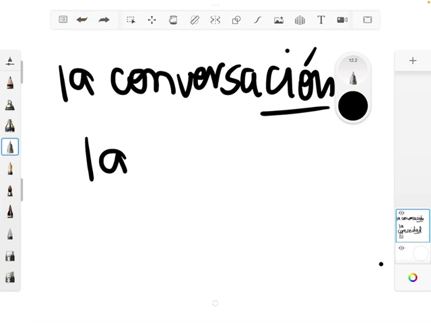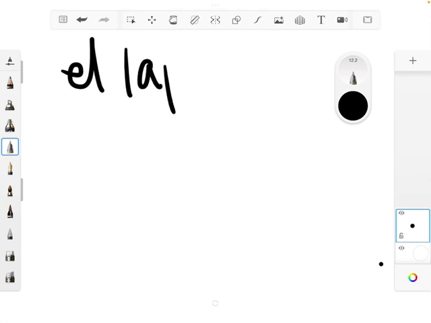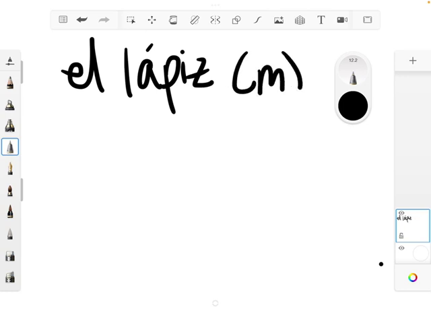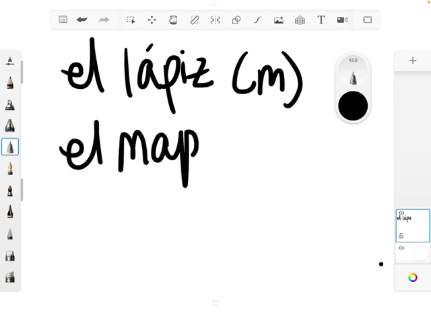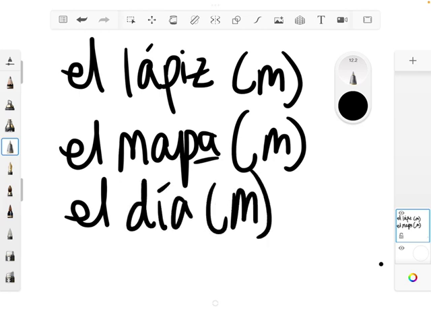Here are some exceptions, and with every rule there are going to be exceptions, so that's why it's important to talk about these. So we have words like el lápiz, which is masculine. El mapa, masculine, even though it ends in that A. And el día, also masculine.